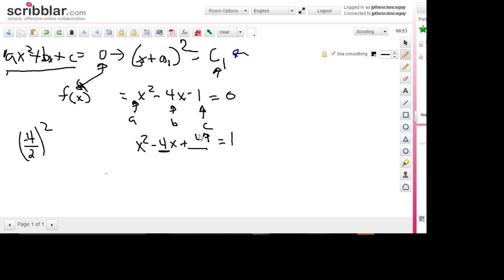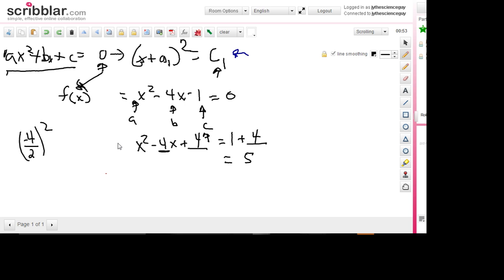So if I add 4 to this side, that's why I left that blank. I need to add 4 to this side too, because I haven't changed anything. If you add the same number to both sides, then you haven't changed the equation. Okay. So when I add those two things together, I get 5 here.